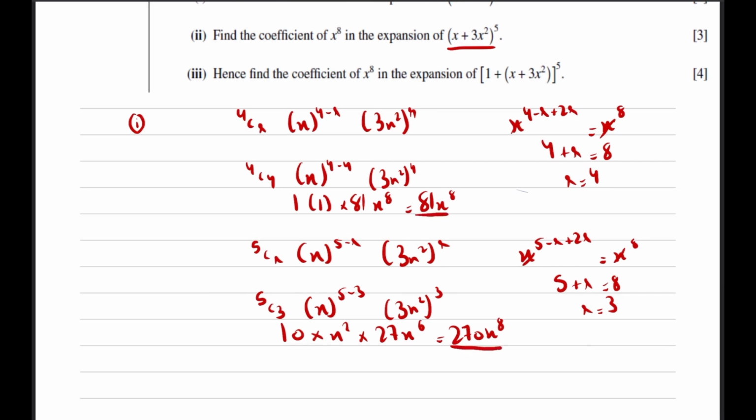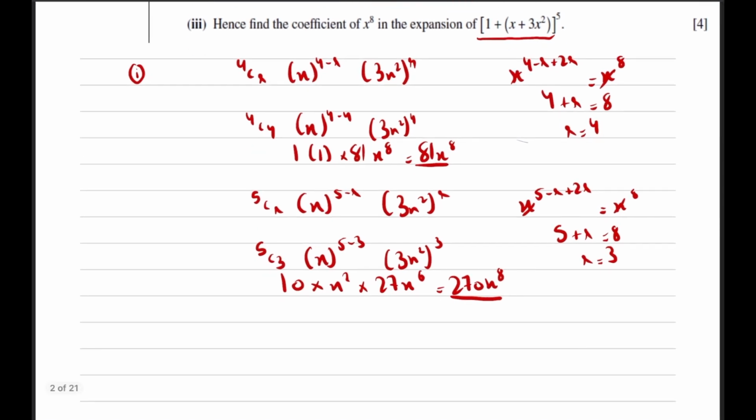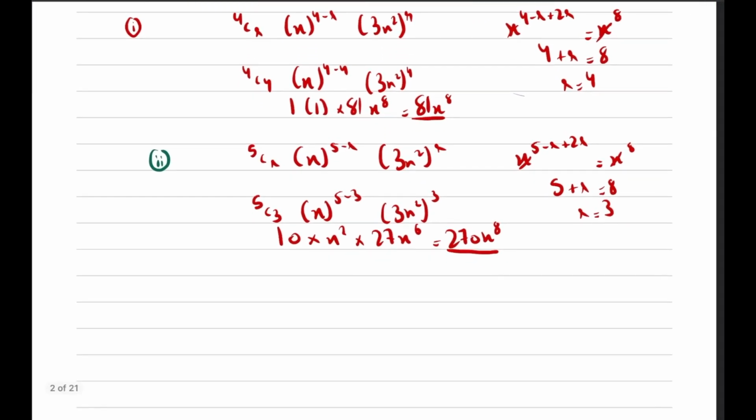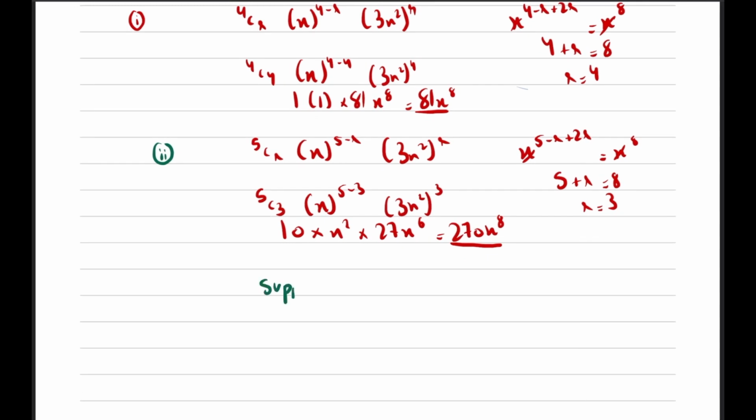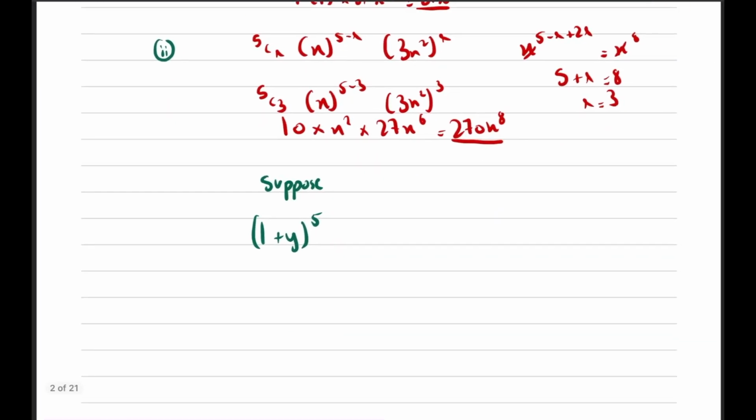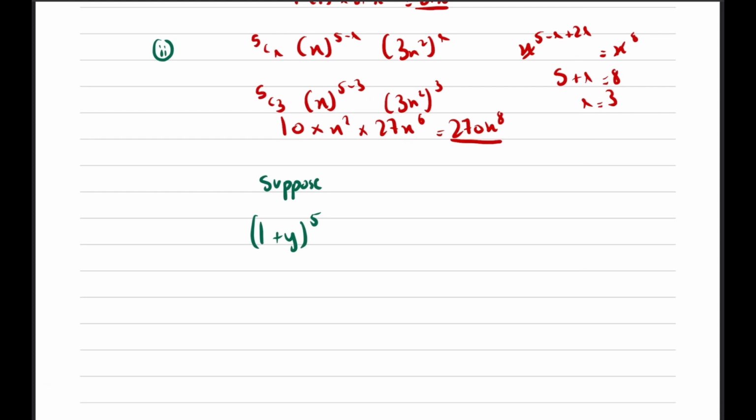But now the problem is this part. Many students got stuck in this. So guys, whenever you see three terms in a binomial, for the time being suppose the next two terms as y, so (1 plus y) power 5. You'll expand this by 5C0, 5C1, 5C2. I remember its answer, so I'm directly writing it: 1 plus 5y plus 10y square plus 10y cube plus 5y power 4 plus y power 5.